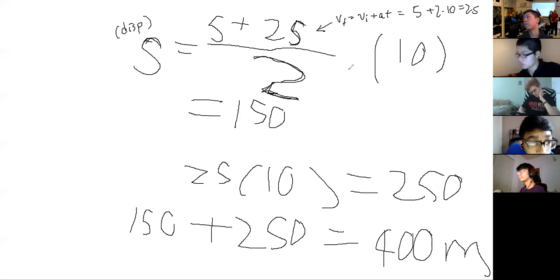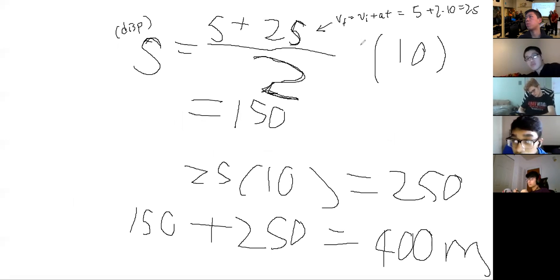And this is where the 25 comes from. And then he used S equals VI plus VF over 2 multiplied by time, which he got 150. And finally, it's just driving at 25 for 10, so that's 250, and you add them and you get 400. Great. So we can move on.